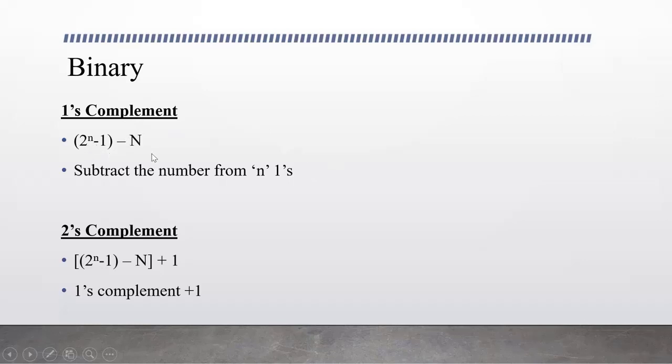When n is 2, the number of digits are 2, we calculate 2 power n, that is 2 power 2, which is 4, and the binary equivalent of 4 is 100.